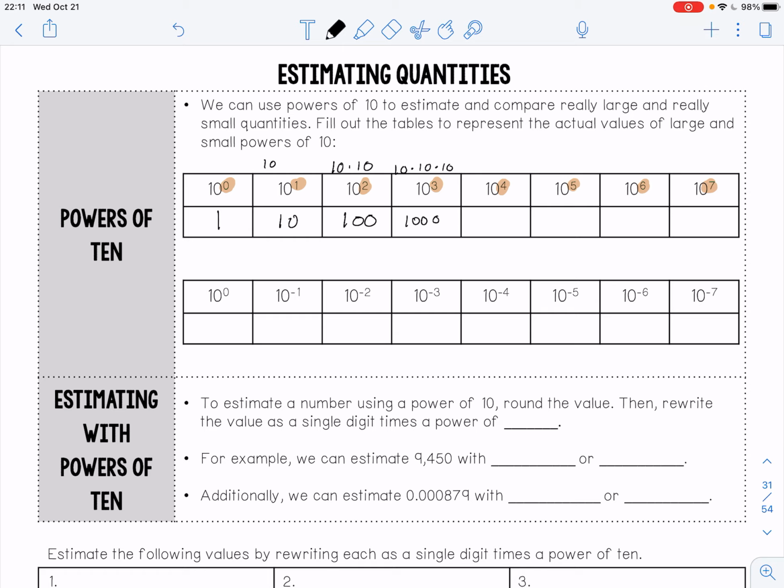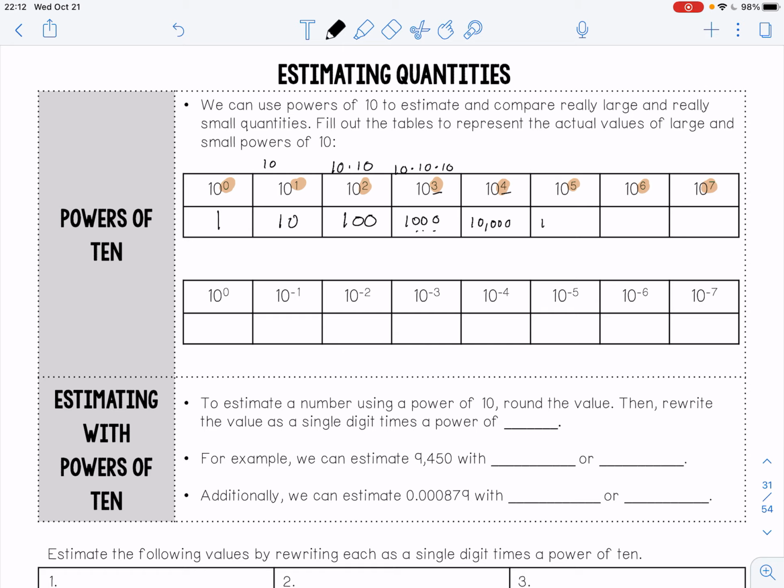And if you are quick, you're noticing that the exponent tells you how many zeros you're going to have. So instead of writing out 10 times 10 times 10 for the rest of these, I'll just go by the exponent. So 10 to the fourth power must be 10,000.